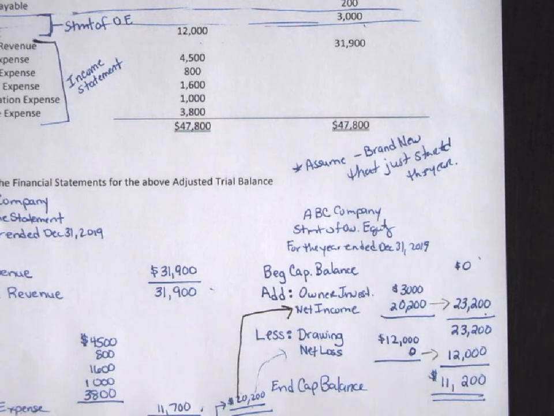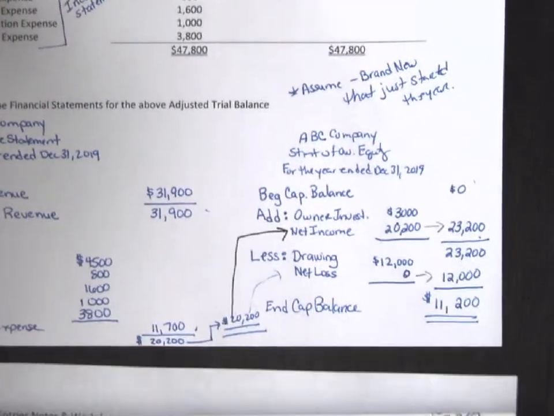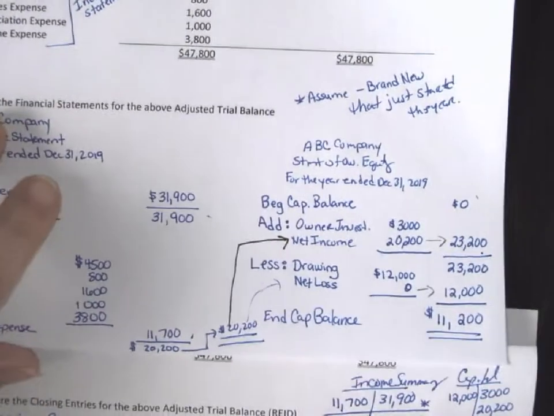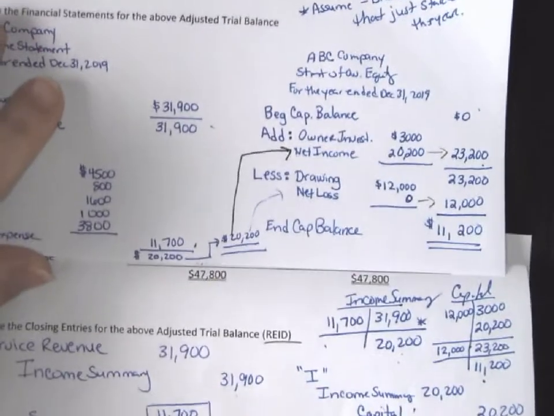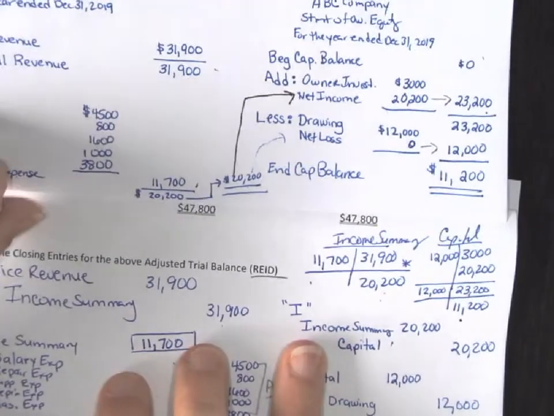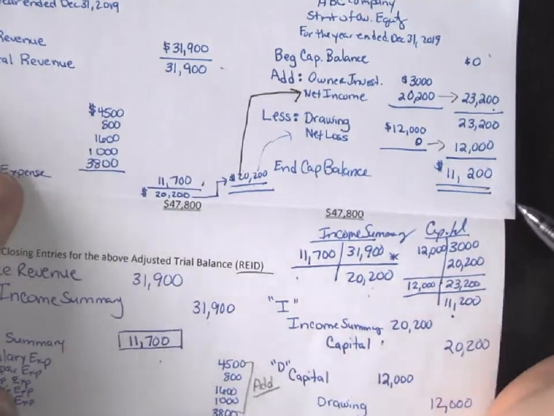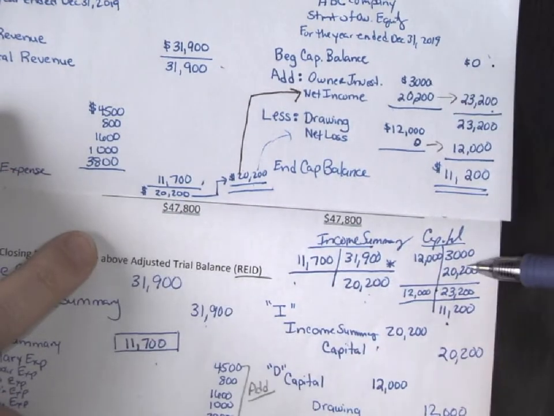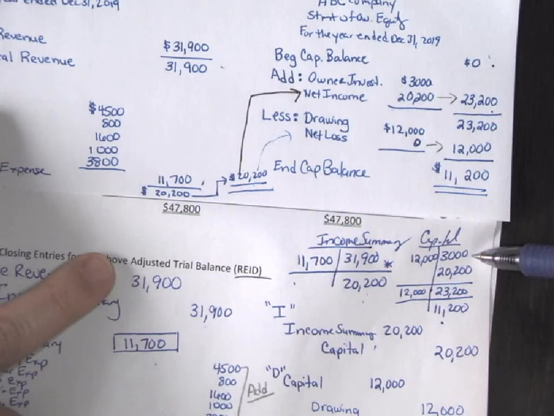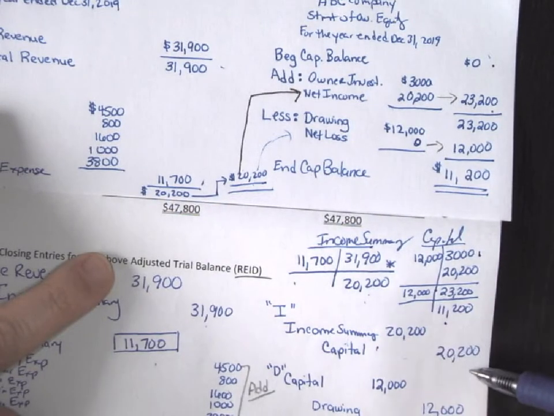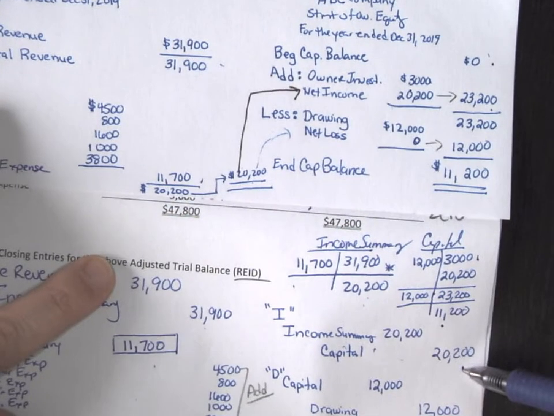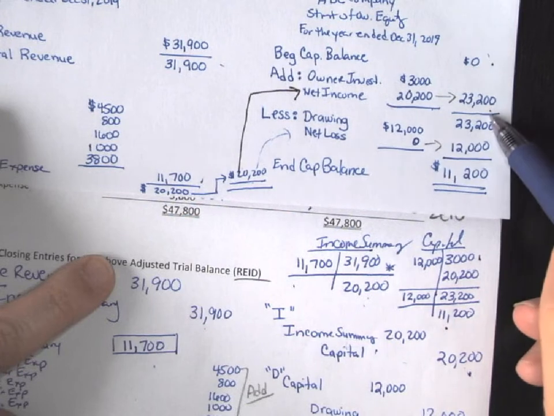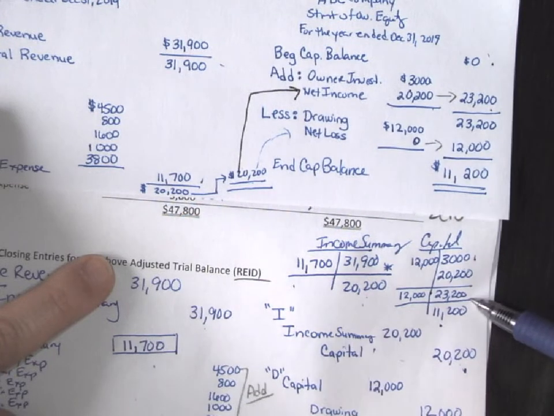Again, we can see how this does relate with those closing entries, because this does work with the I and D closing. So what you see with this, we started with a 0 balance. The owner put $3,000 into the company. We then had our closing of our capital account here to it, which gave us that $23,200.